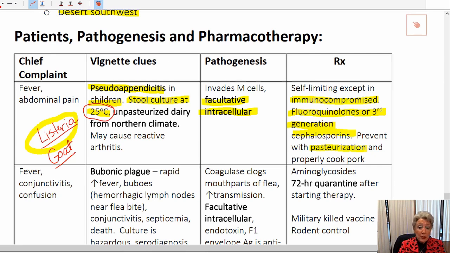And sometimes the pet goat is milked and cheese or butter are made. And so if that material is not pasteurized, it can be a source of some of these organisms. So if they were to mention dairy products coming from goats, they might be hinting at the fact that it could perhaps not be pasteurized.